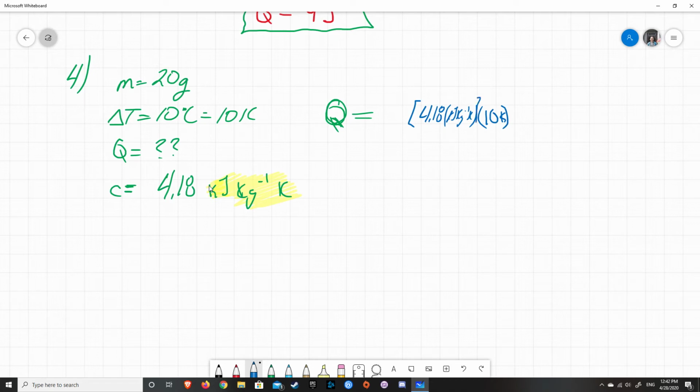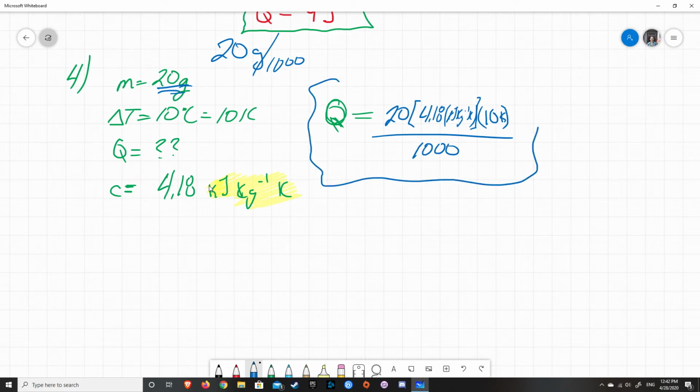And then the problem that we have here is we've got 20 and we've got grams. So to convert 20 grams to kilograms, we have to divide it by 1,000. So we've got 20 divided by 1,000 to change that into kilograms. If you look in your booklet, it doesn't give you a Q value, although we can calculate a Q value.